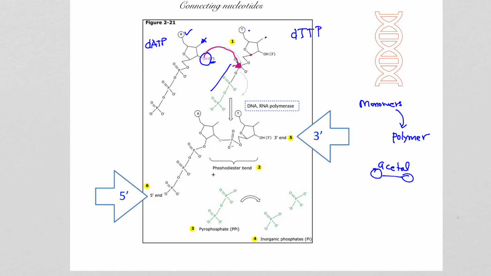And in the process, it forms a phosphoester with this sugar here, and it forms another phosphoester with this sugar here. So since there are 2 phosphoesters, we call this whole linkage between this sugar and the next sugar a phosphodiester linkage.